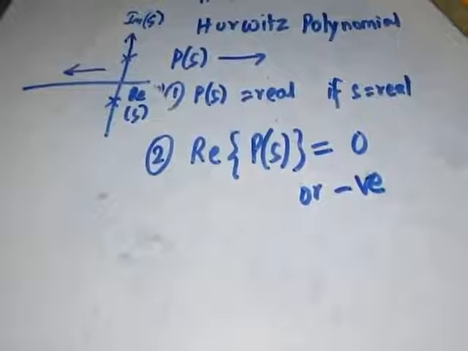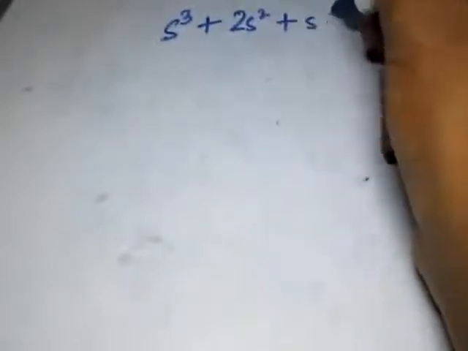So now if you want to see an example of a Hurwitz polynomial, let's take for instance s cube plus 2s square plus s plus 1.